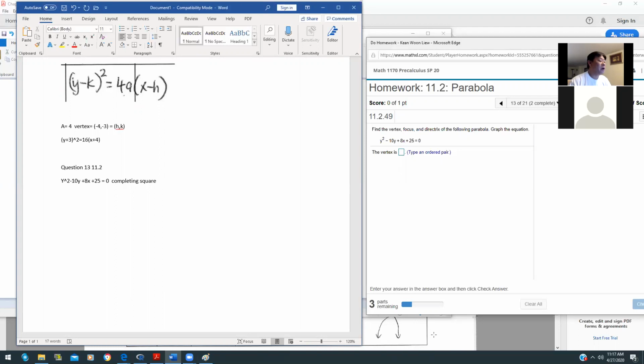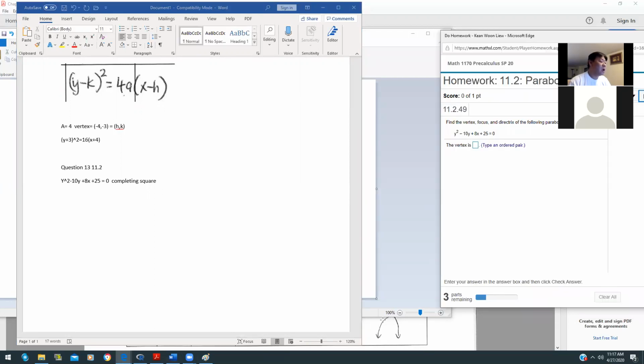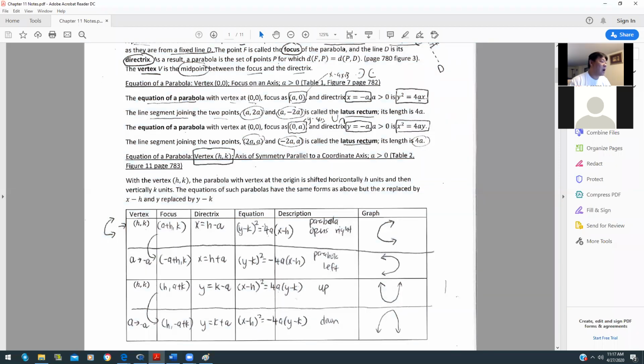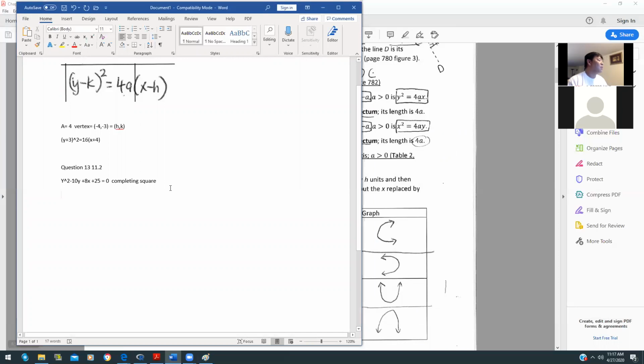Which kind of parabola we have depends on which variable is squared. Since your y is squared and your x isn't, this parabola opens sideways, to the right or left.